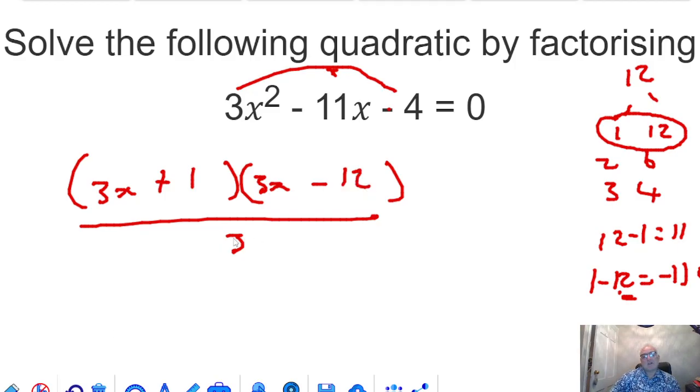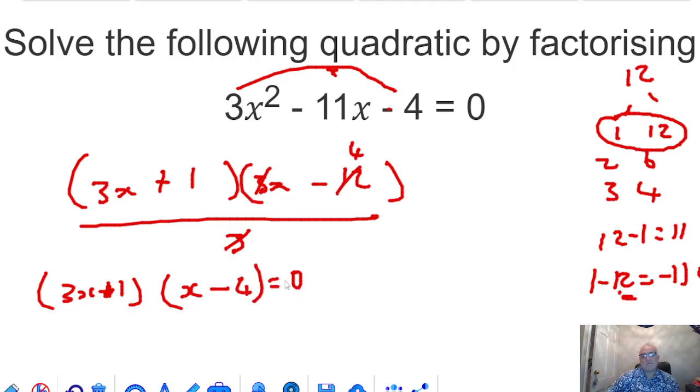So again, looking to divide down by the 3. 3 doesn't go into the first bracket because it'll go into the 3, but it won't go into the 1. So 3x plus 1 is going to stay. And then the second bracket, 3 goes into 3 once, 3 goes into 12 4 times.